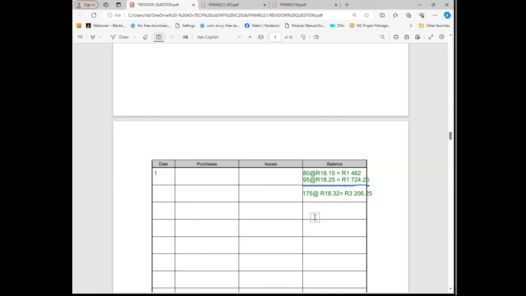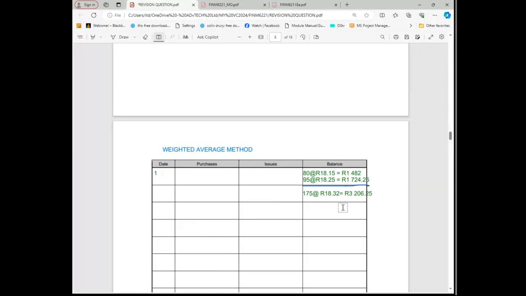So if I buy again at a different price, the minute I buy again, I must find a new average, because I'm using the weighted average method. So I must always find the average the minute I have two different stocks. All good?